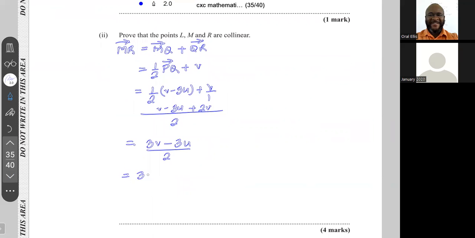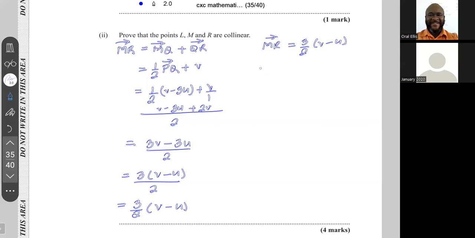This is 3V minus U over 2. This is the same as saying 3 over 2 times V minus U. So MR is 3 over 2 times V minus U.